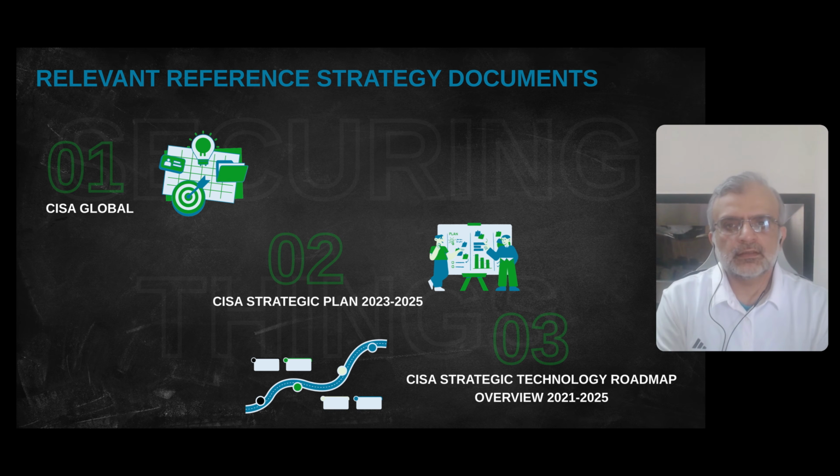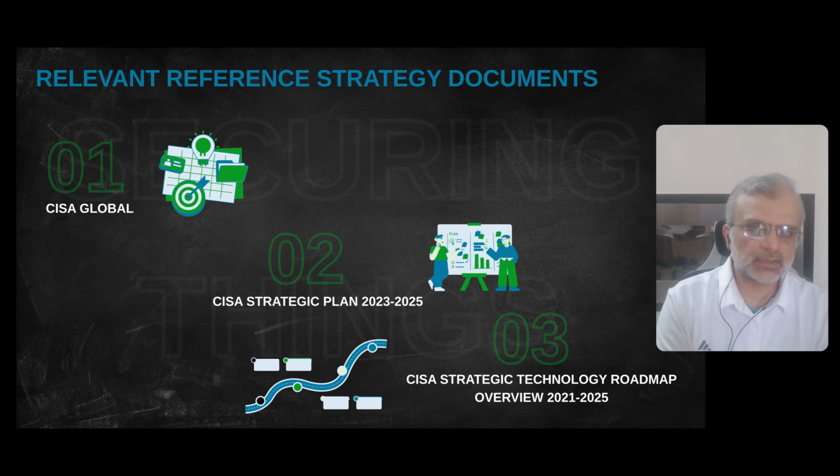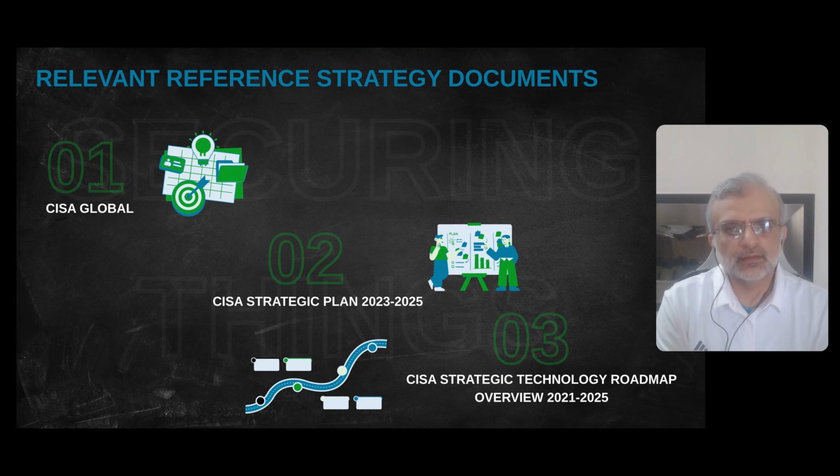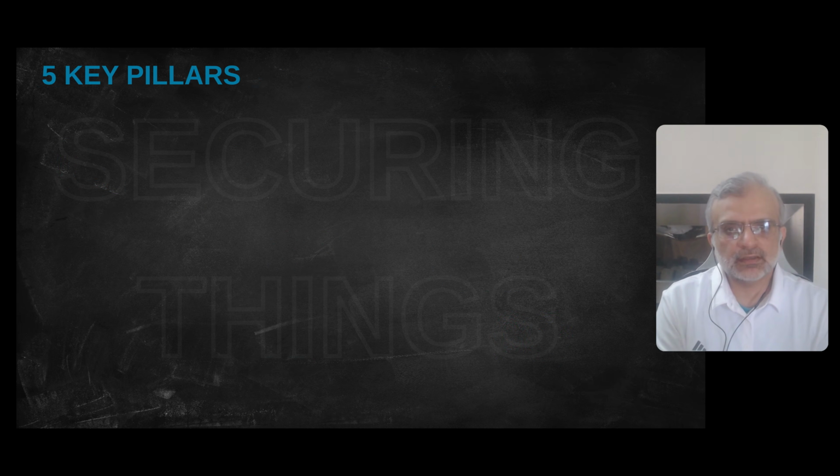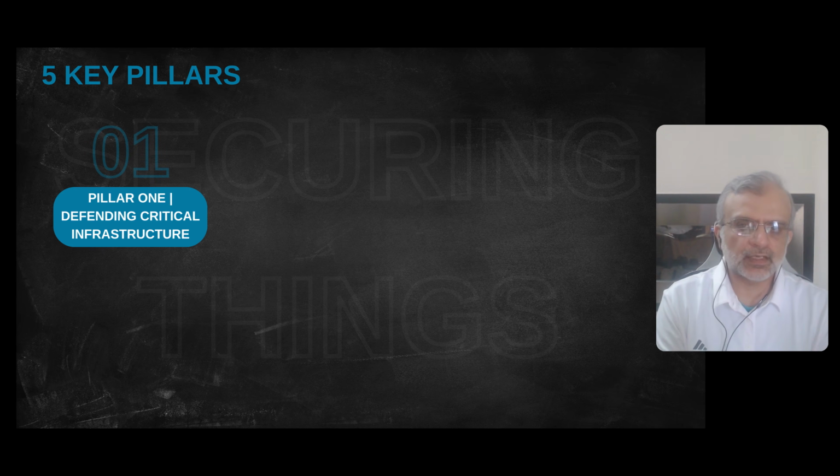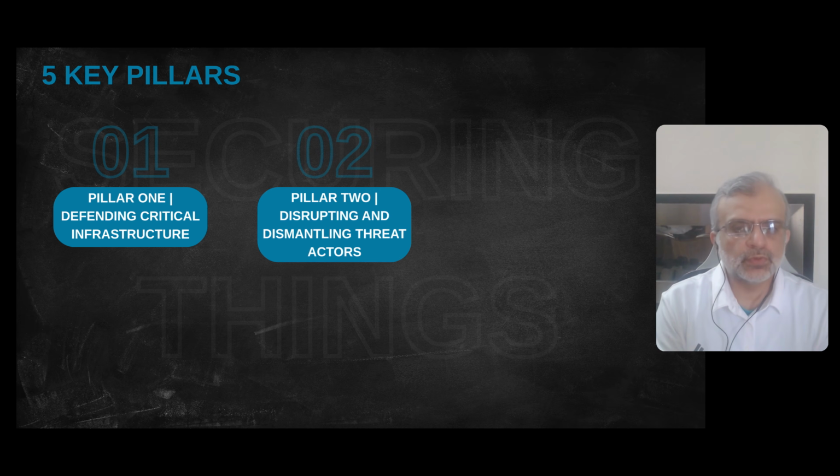And earlier, the US White House also prescribed a new 69-point National Cybersecurity Strategy Implementation Plan in July 2023, which highlights 5 key pillars. Pillar 1, defending critical infrastructure, which is to update the National Cybersecurity Incident Response Plan. Pillar 2 is disrupting and dismantling threat actors and combating ransomware.